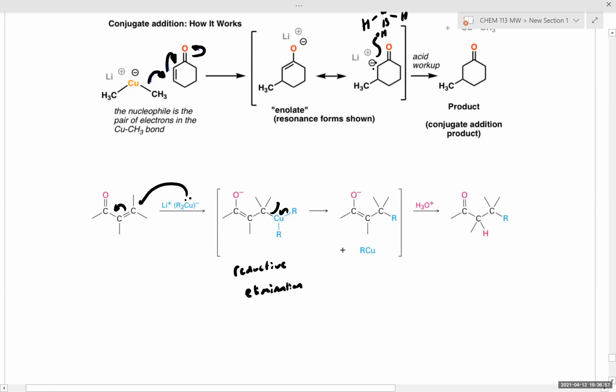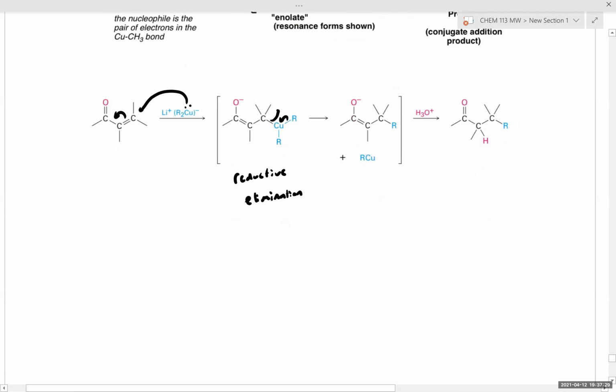And this is a common mechanistic step in many reactions involving organometallic species. Any other questions on this mechanism? Okay, let's keep going.